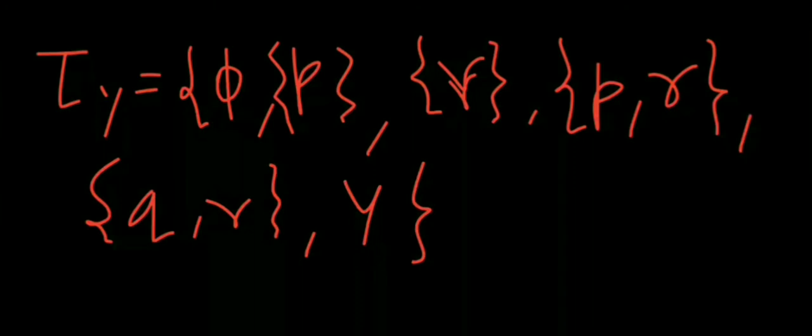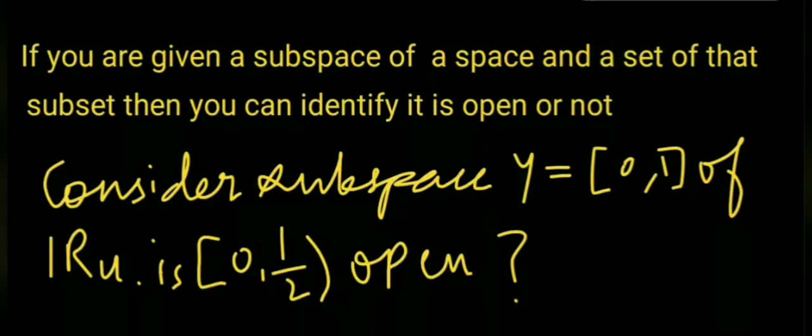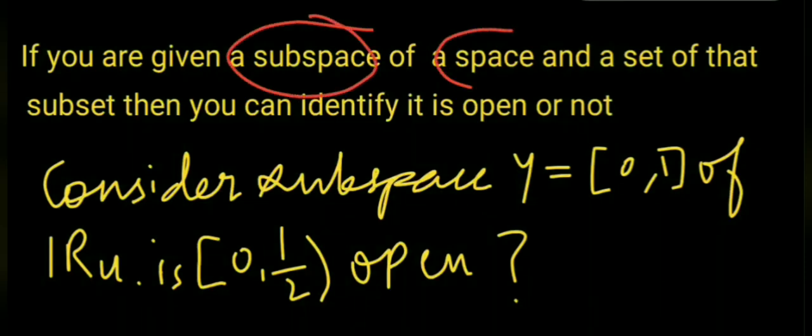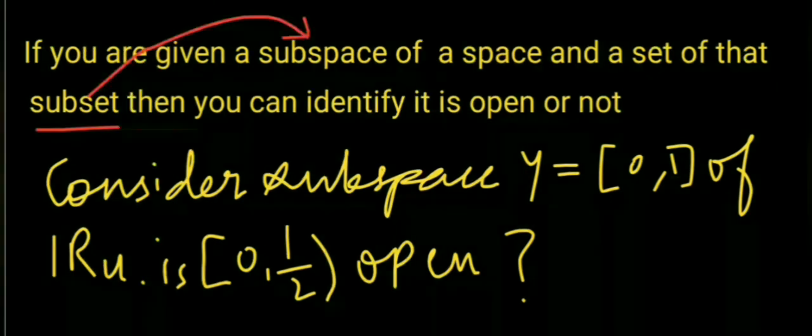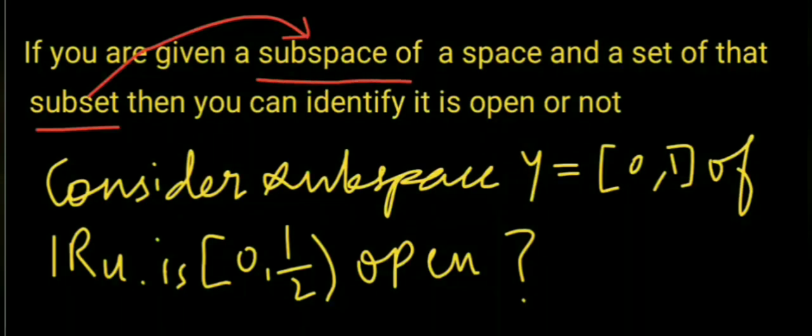Now after this example, let us come to some application of this subspace. If you are given a subspace of a space, it means that we have a subspace which is known to us, and a member from this subspace, and you can identify whether it is open or not.